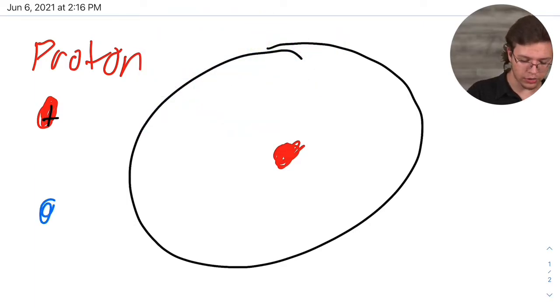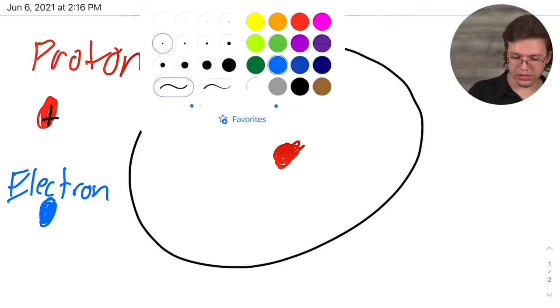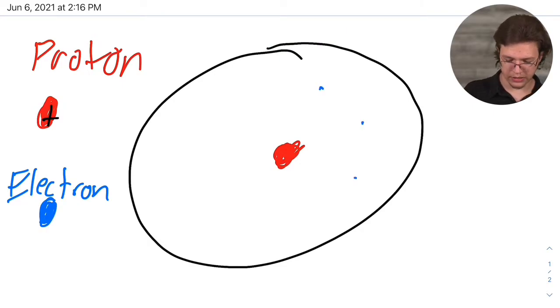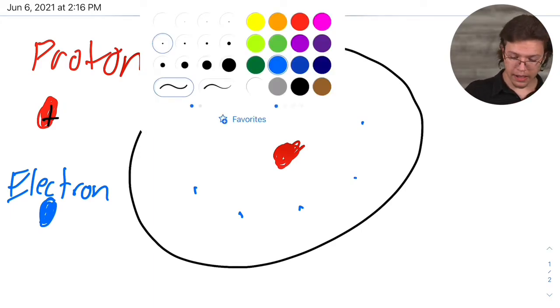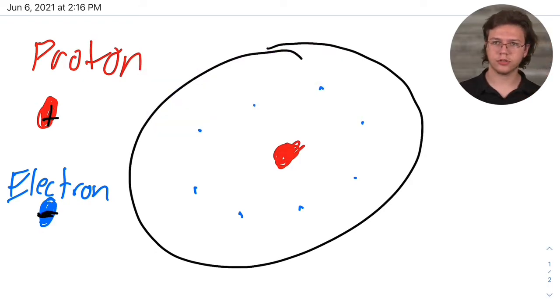I'm going to draw another little circle here. Electron. What's special about it is that it also lives in the atom, but it doesn't live in the nucleus. It lives in this sort of space around the atom. And it has a negative charge.